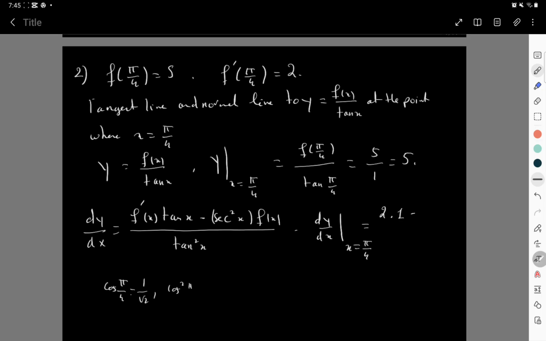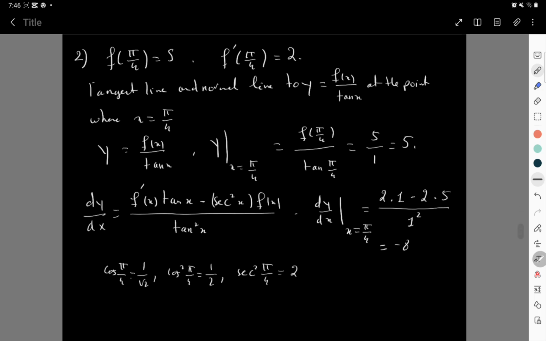Cos squared pi over 4 is 1 half. So secant squared pi over 4 is just 1 over 1 half, which is just 2. So minus 2. F of pi over 4 is 5. Divided by tangent squared pi over 4. Tangent pi over 4 is 1, so it's 1 squared. So what do we get here? We get 2 minus 10, so this is just minus 8.